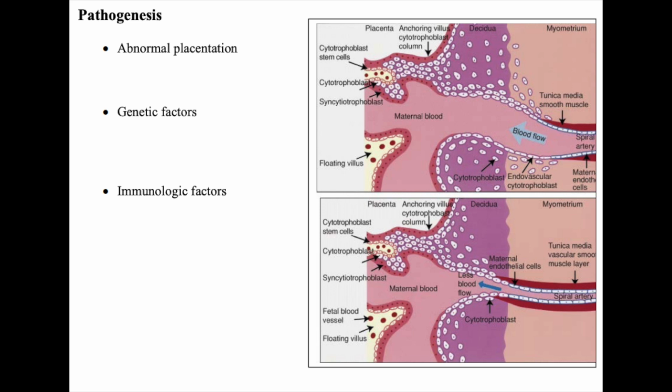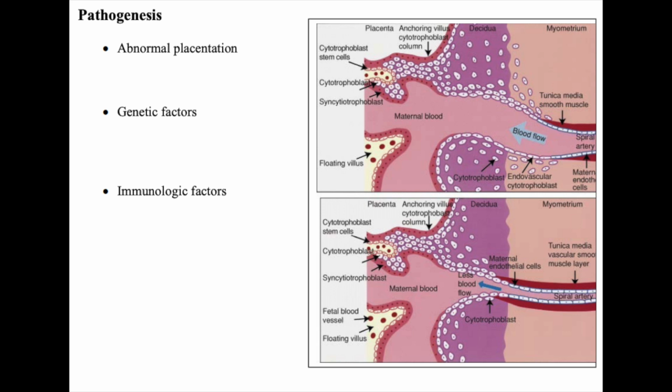There are a lot of theories that have been rejected over the years, but the most widely accepted theory is that the placenta fails to embed adequately. In response to hypoxia, caused by poor placental perfusion due to this increased uterine vascular resistance, the placenta releases factors into the circulation that damage maternal endothelium and give rise to the multisystem manifestations of preeclampsia.